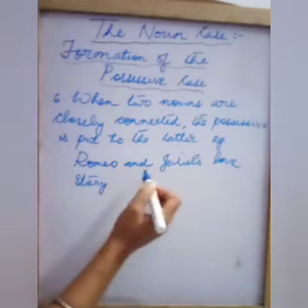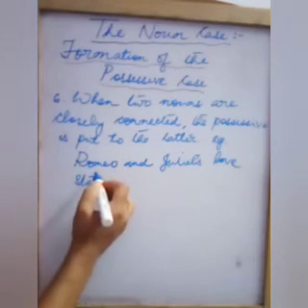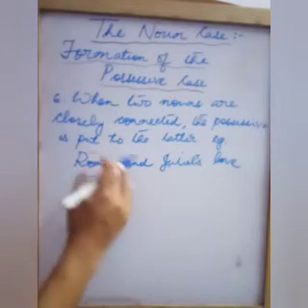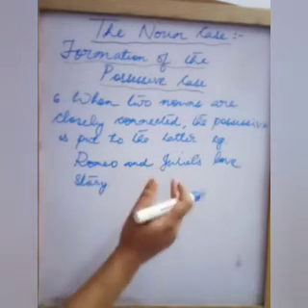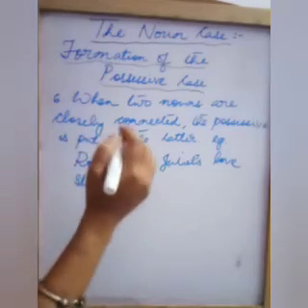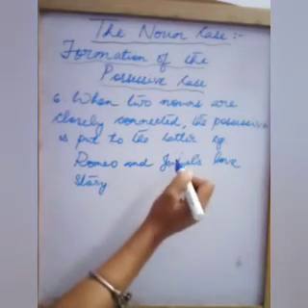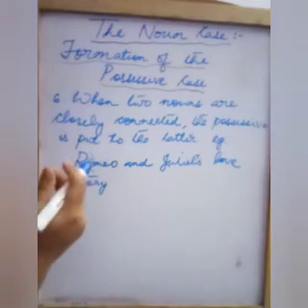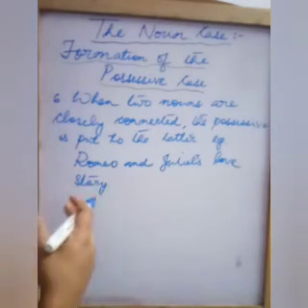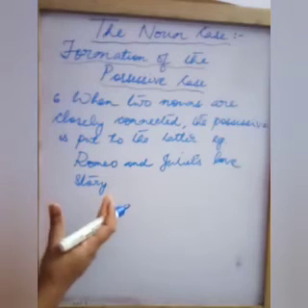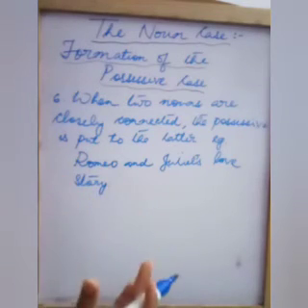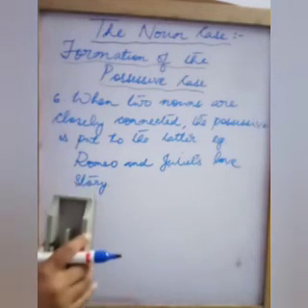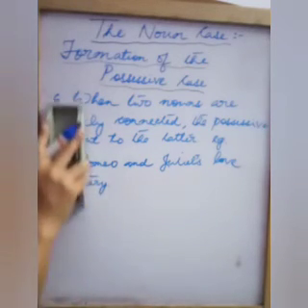But in this case also, when we are mentioning two nouns, they are closely connected, yet they are two different entities. In this case also, the possessive sign is put with the latter. Romeo and Juliet's love story. Like you can give another example, Vishal and Shekhar's music, right? Nadim and Shravan's music. So that way, two different entities, but they are closely connected. This is one more condition.